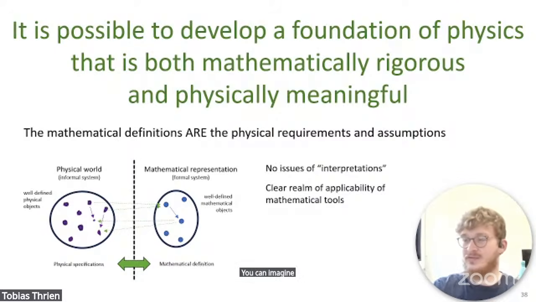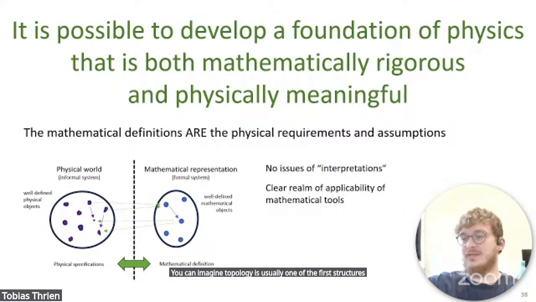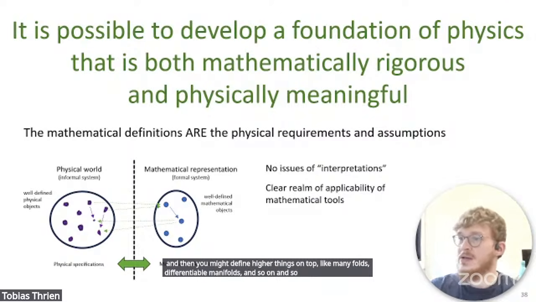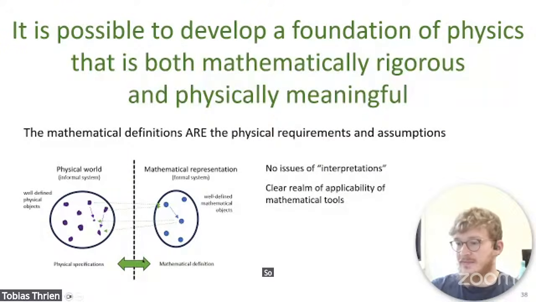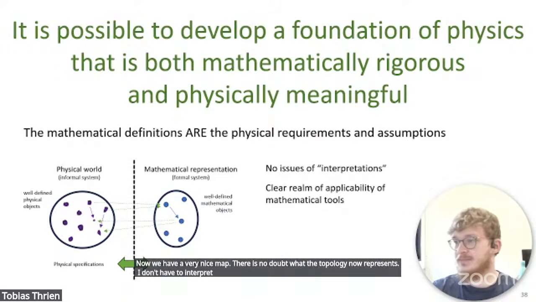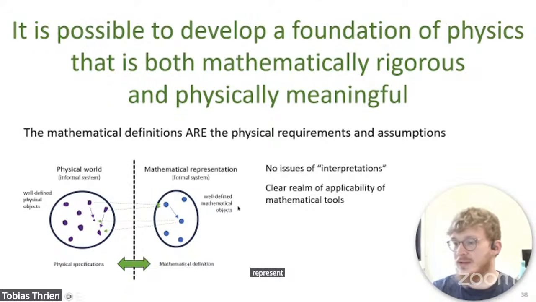Topology is usually one of the first structures that you define, and then you might define higher things on top, like manifolds, differentiable manifolds, and so on. Now we have a very nice map. There is no doubt what the topology now represents. I don't have to interpret it. Right from the start I told you what I want to represent with that topology.